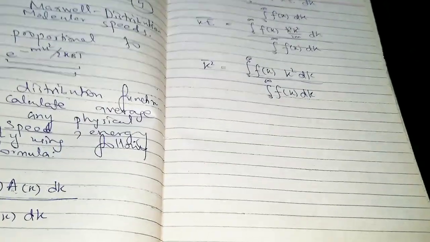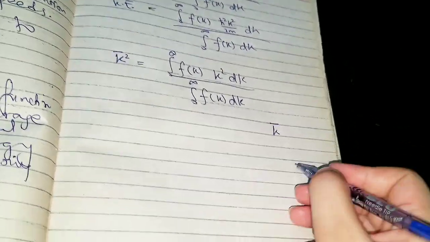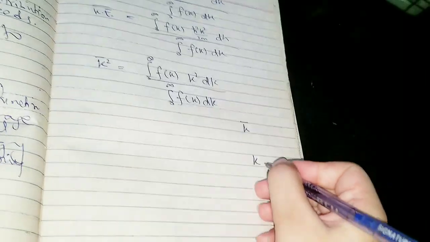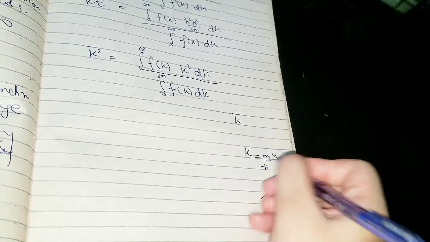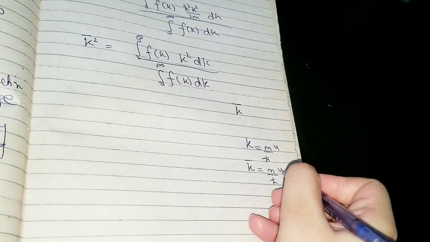If you know the value of average k, for example, and you know the relation k equals mu by h-bar, then average k will equal m by h-bar times average velocity.